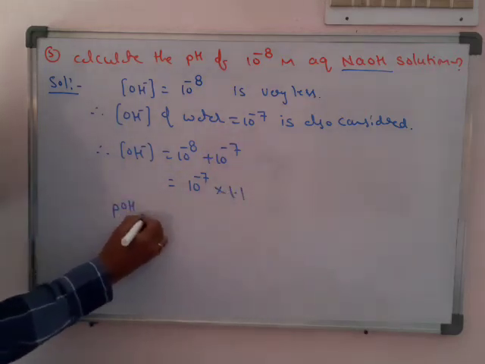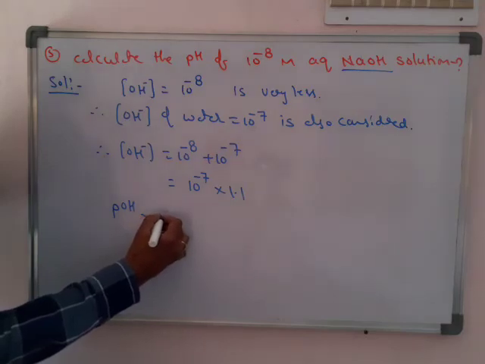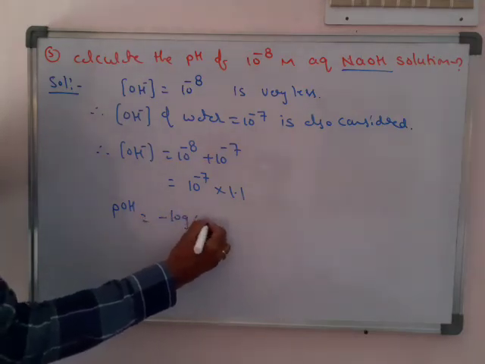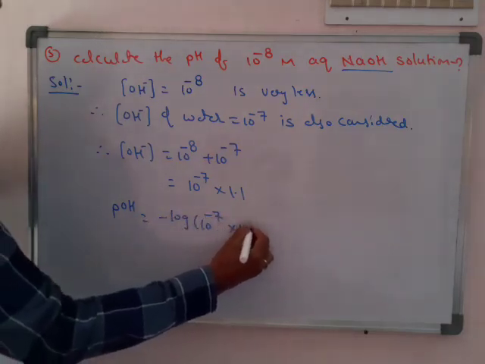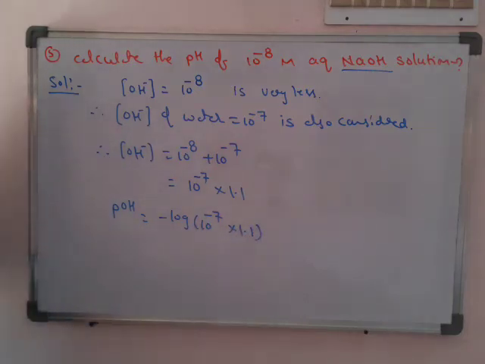So what will we get for the pOH? The pOH equal to minus log 10 power minus 7, now we calculated it, for pH.